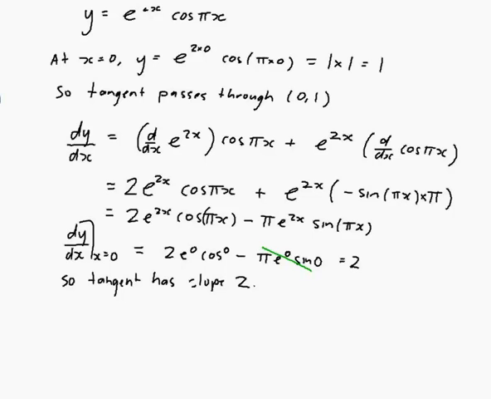Therefore, the equation of the tangent is y equals slope times x plus y-intercept, so y equals 2x plus 1. Normally, if I had a point like 3, something, I would have to sub that into my equation to figure out what that constant term is, but because I happen to have x equals 0, I could do it a little quicker.